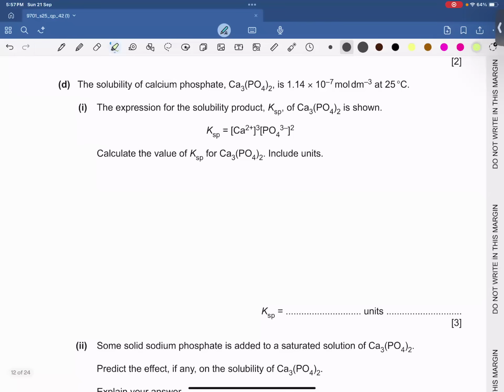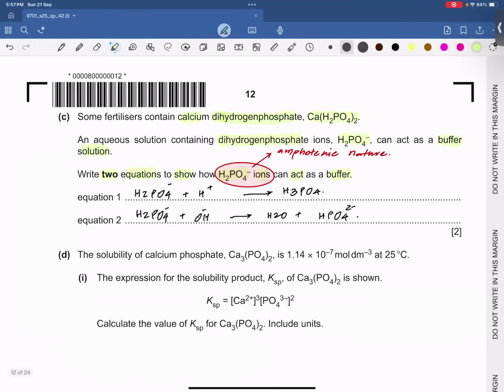Next part is an alternative answer, that's an alternative answer, guys.